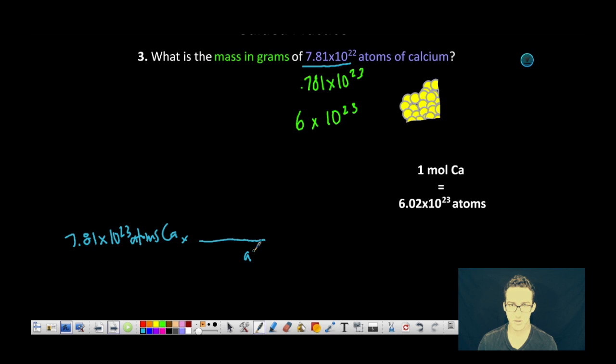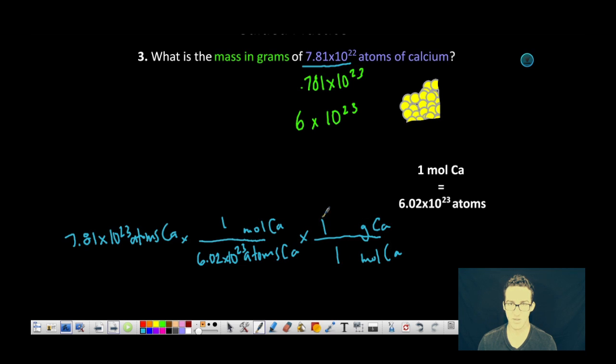We have to go first to moles. So atoms to moles. In fact, if you don't know what to do, always go to moles. So 1 mole is going to be Avogadro's number, 6.02 times 10 to the 23. And from there, we can convert from moles to grams of calcium.